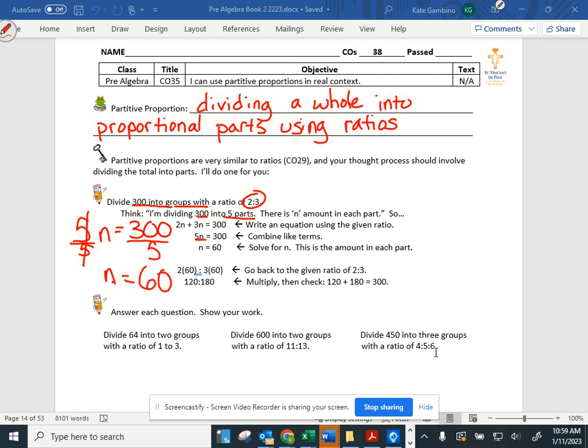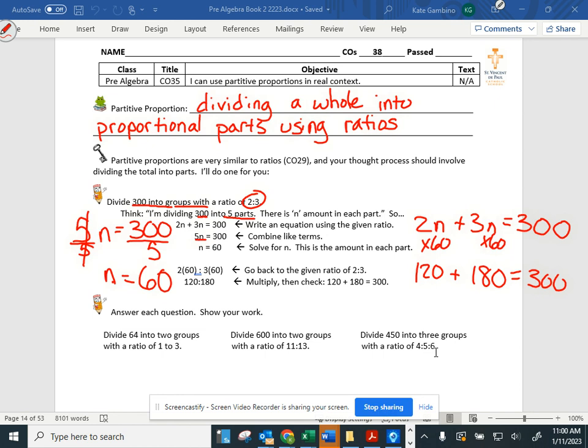So remember we started off with 2n plus 3n equals 300. Now I know what n is. n is 60. So can I figure out how many go on this side? Yeah, I'm going to multiply it by 60. So 2 times 60 is 120. 3 times 60, I'm going to put that 60 in for my n, is 180.